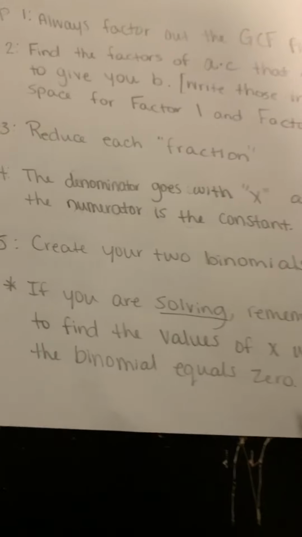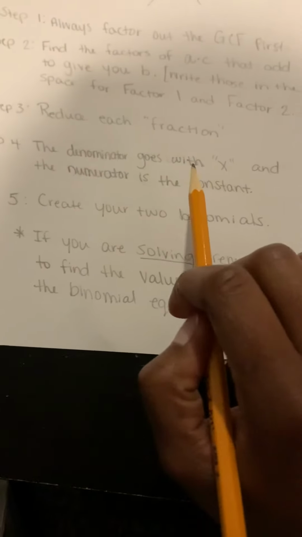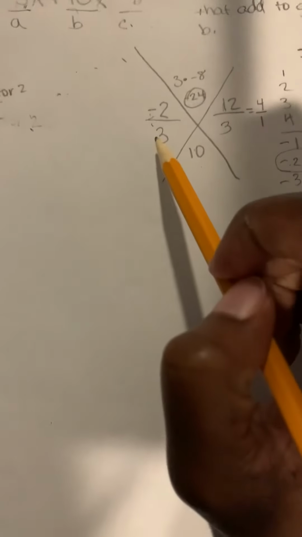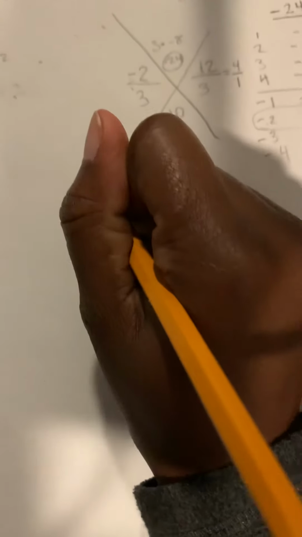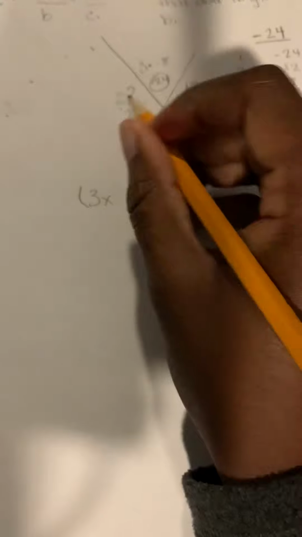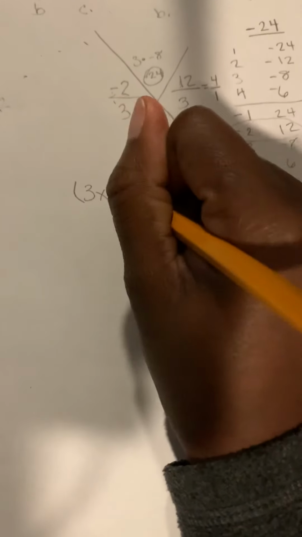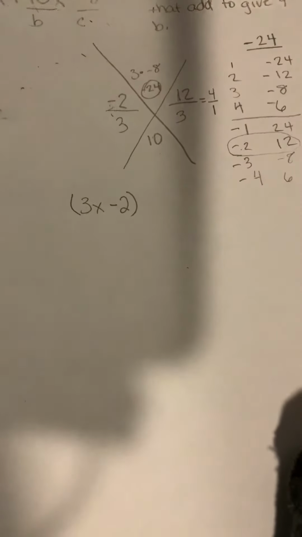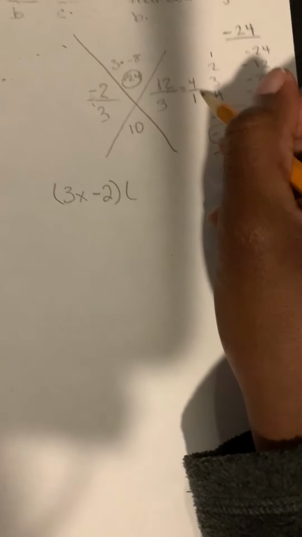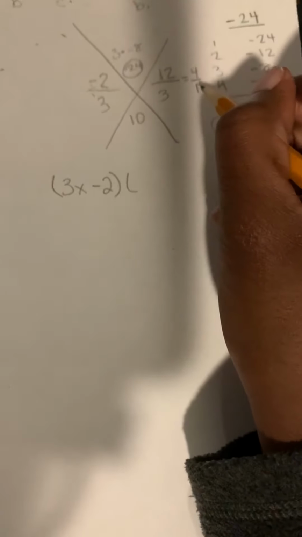After you reduce it, the denominator goes with x and the numerator is the constant. So in your two binomials, the denominator goes with x. You would have 3x, and then the constant, minus 2. Same over here: the denominator goes with x. Remember to use the new one that you reduced.